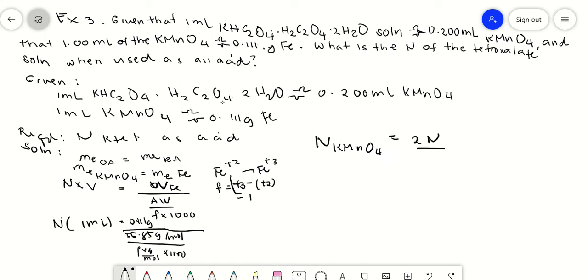Now, we can make use of this data. Milliequivalence of potassium permanganate is equal to milliequivalence of potassium tetroxalate. So milliequivalence of potassium tetroxalate, which is the reducing agent, is equal to milliequivalence of the oxidizing agent, KMnO4.